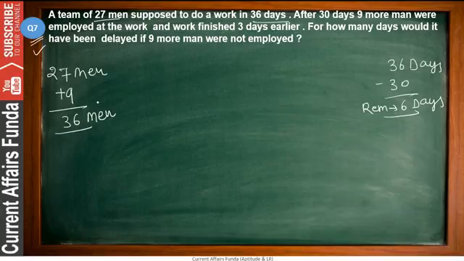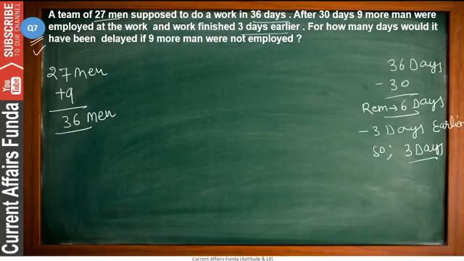Okay, so friends, we can also say like this: the work finished 3 days earlier, that means 3 days earlier. So it will be 6 minus 3, it will be 3 days. Okay, for how many days would it have been delayed if 9 more men are not employed?